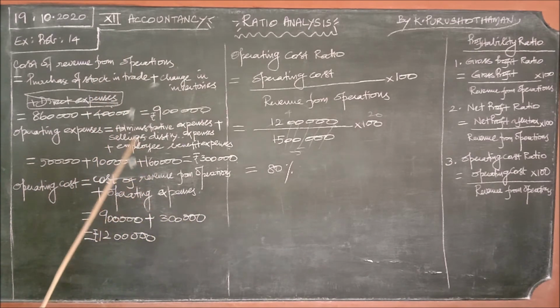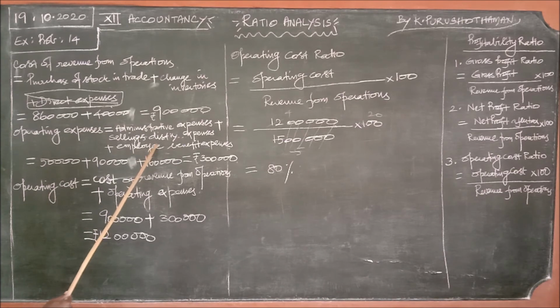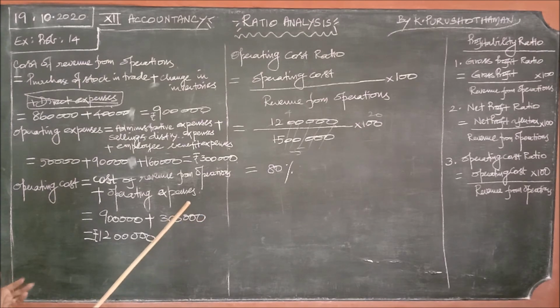Operating expenses include administrative expenses plus selling and distribution expenses plus employees benefit expenses. See what is given in this problem. These two are not given straight away. Employees benefit expenses, that is salary, is 1,50,000. It is given separately. But these two are not given separately. Instead, they are given in the name other expenses.